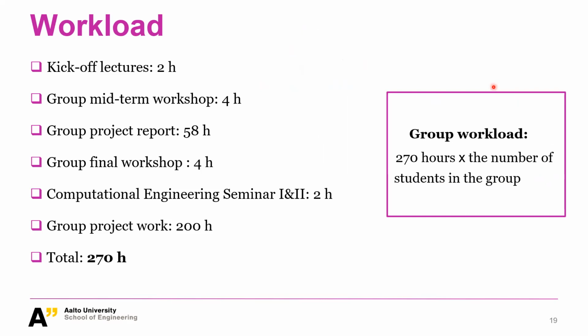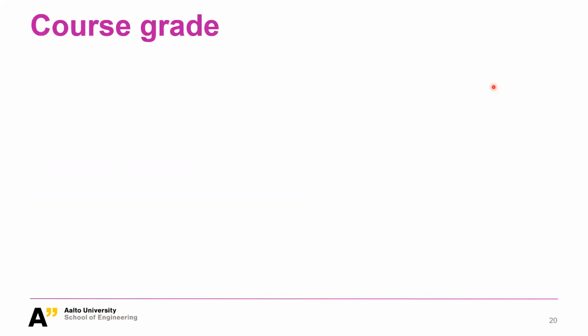So you see, it's a lot of commitment. If you have a 3-member group, we're going towards about 900 working hours. That's a lot. That's like 1 year of study for all of you. So it's very condensed and interesting stuff.